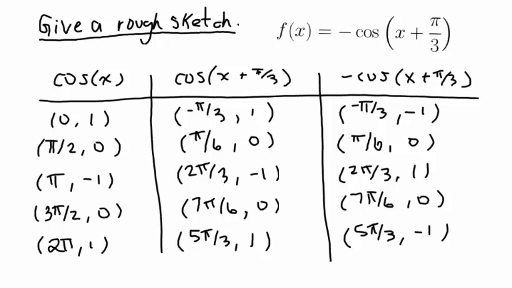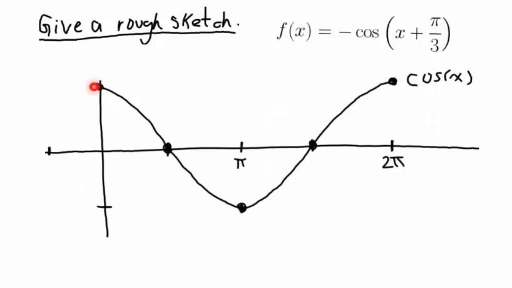So here I've plotted our typical cosine curve from 0 to 2 pi. And I've marked off intervals of pi by 2 along the x-axis. What I'm going to do in blue is plot those 5 points we found on the last slide, starting with negative pi by 3, negative 1.